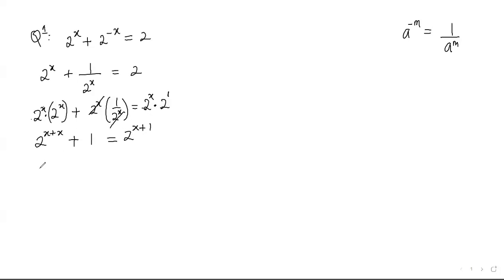We have here 2 to the 2x, x plus x is 2x, then plus 1, then equal to this is going to be 2. Okay, better still, sorry, I don't need to expand this. We don't need to add up this whole power, we don't need to do that.